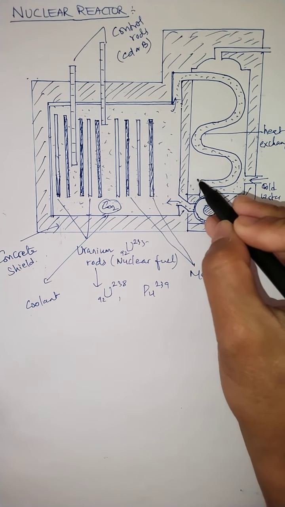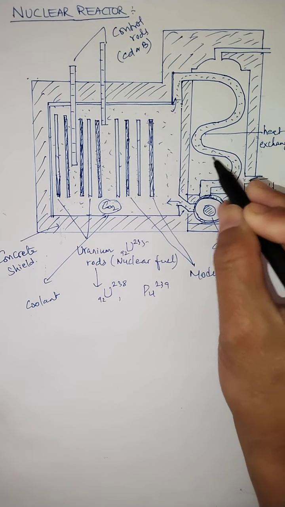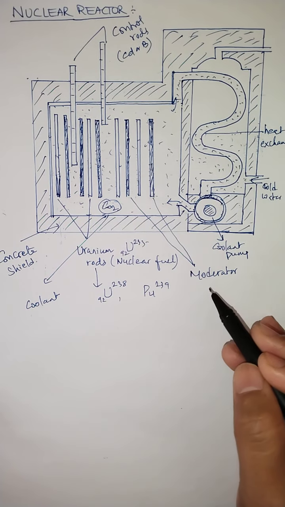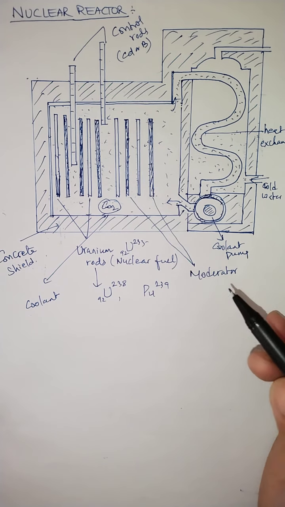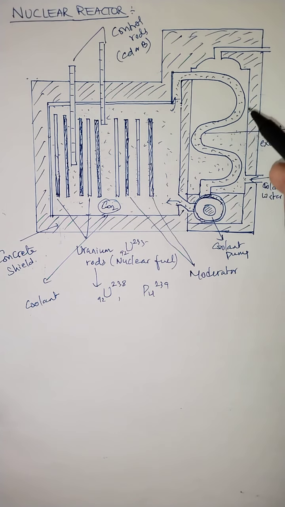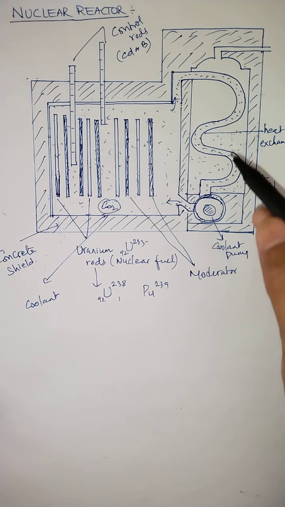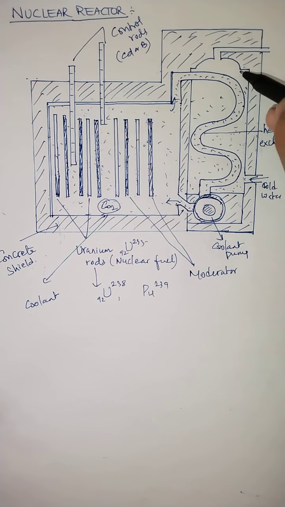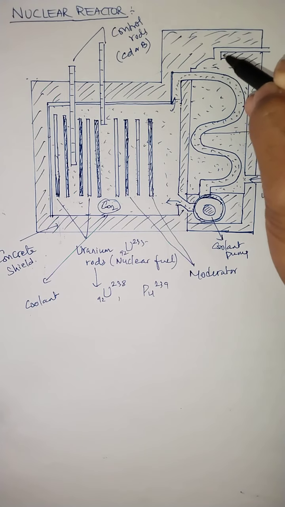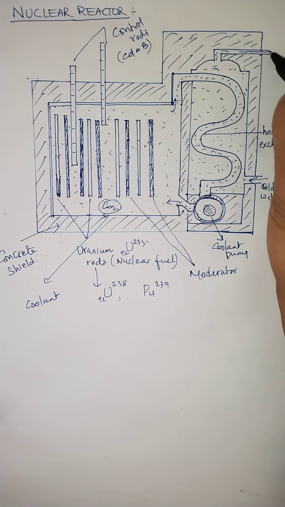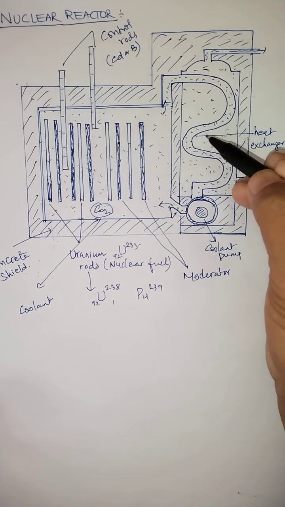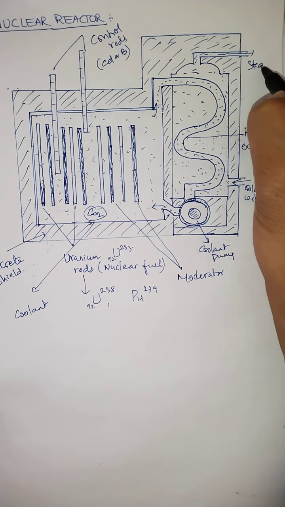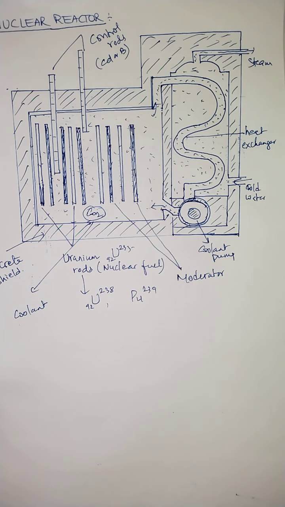So when we supply cold water to this heat exchanger, the cold water absorbs the heat passing through it and converts into what? Steam. The water is converted into steam, and that steam will pass out from this end, which is the outlet. From this outlet, what will come out? Steam will come out.